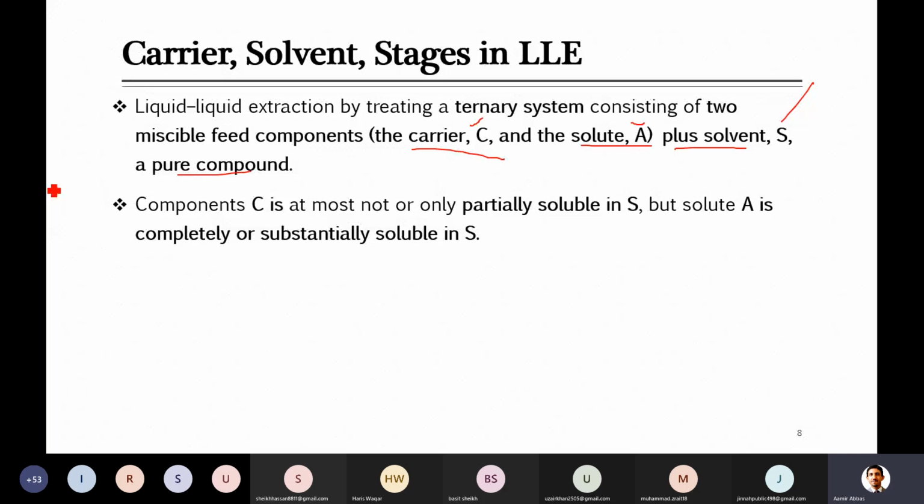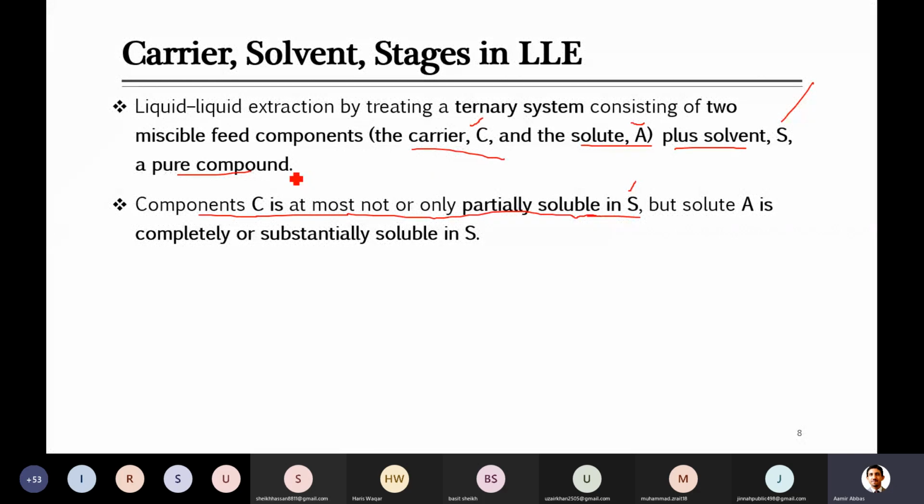So that component C, which is the carrier, is at most not soluble or only partially soluble in the solvent. We have already talked about this: the solvent is selected in such a way that it is only soluble or miscible with the component which you want to remove from the feed.